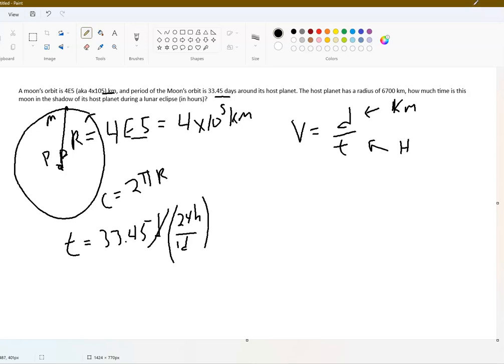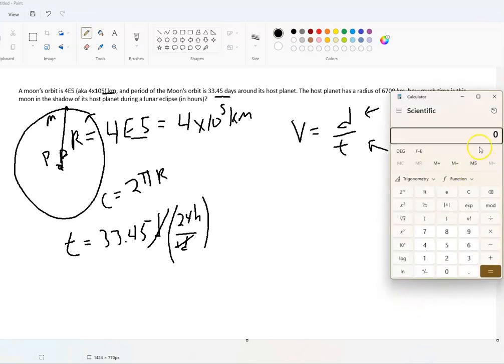Anyhow, the days cancel, and so we get our scientific calculator, and we're going to figure out the amount of time here. This is going to be 33.45 times 24.